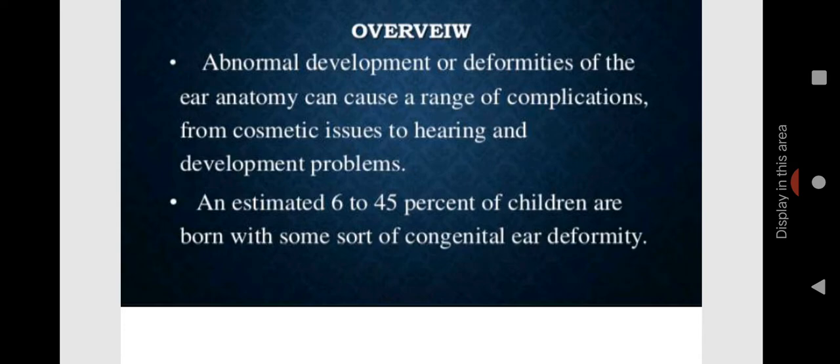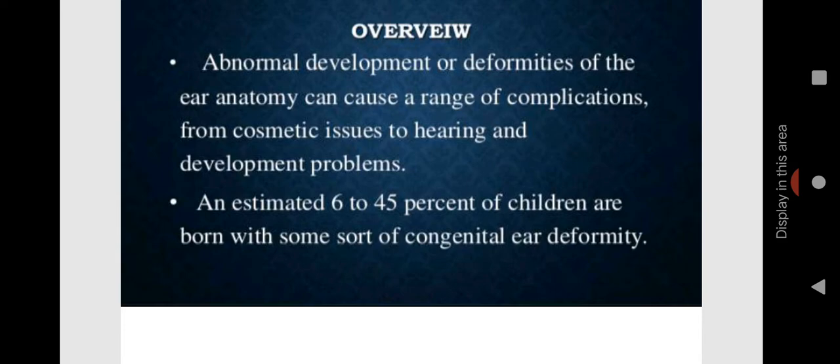It can cause a range of complications like cosmetic issues, the appearance of the part, and to hearing. So cosmetic means just a minor complication, and hearing loss is a major complication.